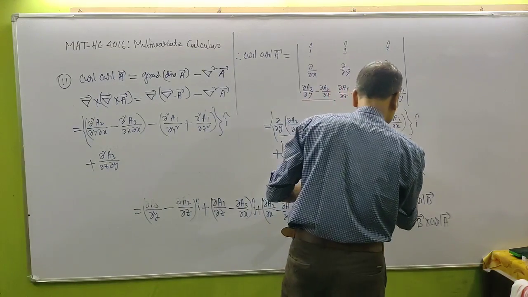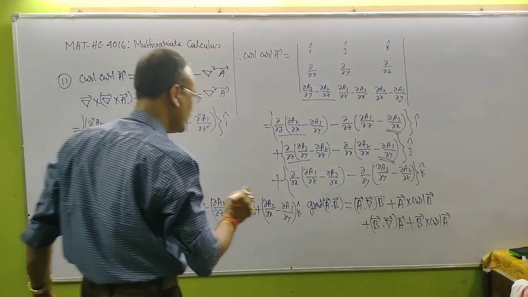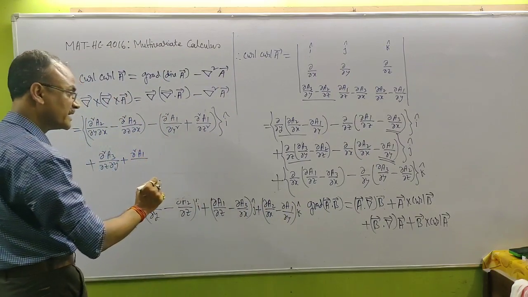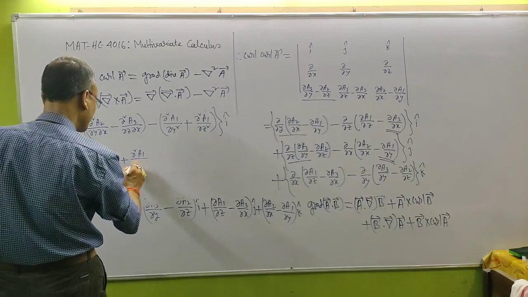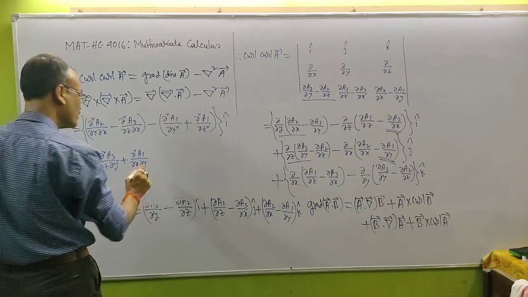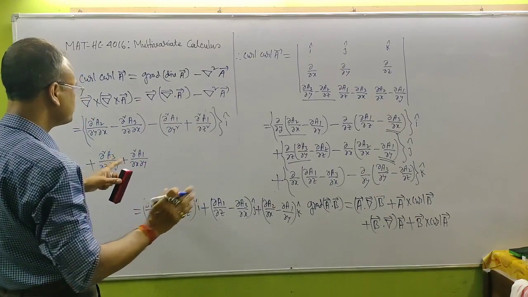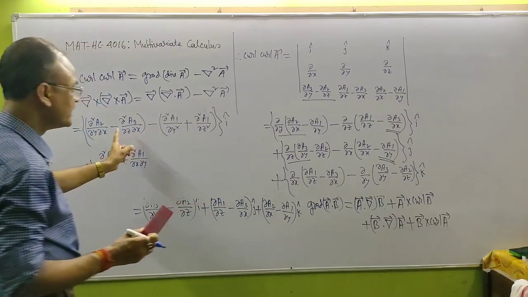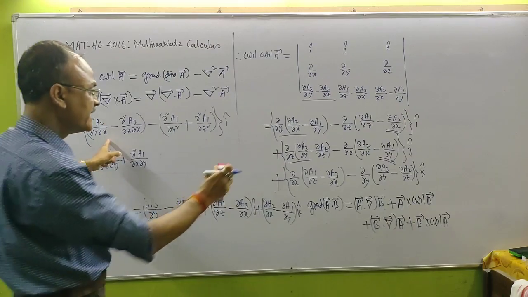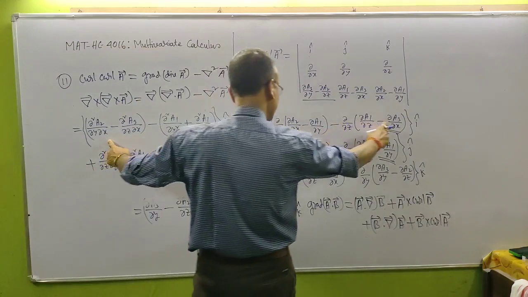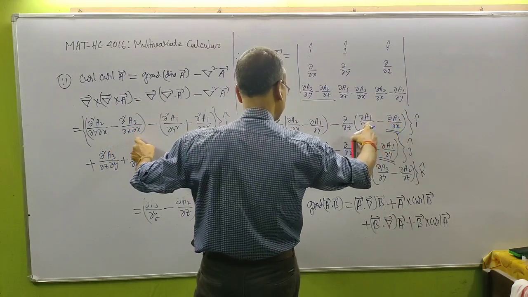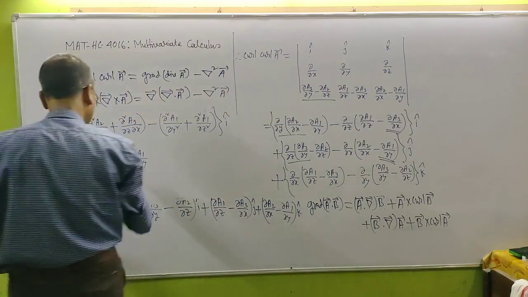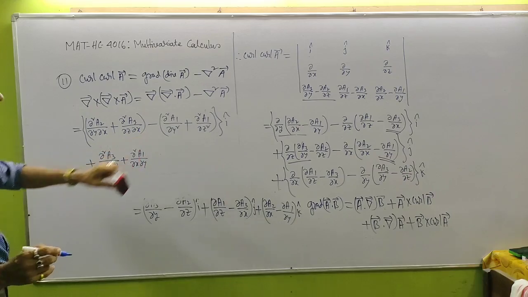Next you should write this plus del square A1 by del x del y. Here del square A2 by del y del x. It is del square A3 by del z del x. It will be minus plus. Here it will be plus.